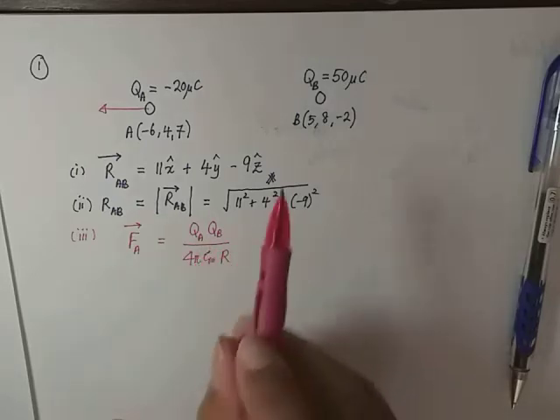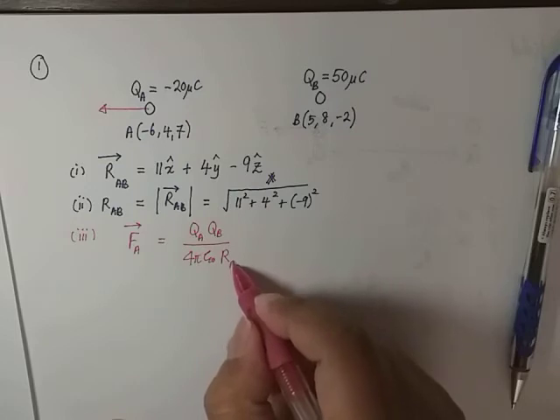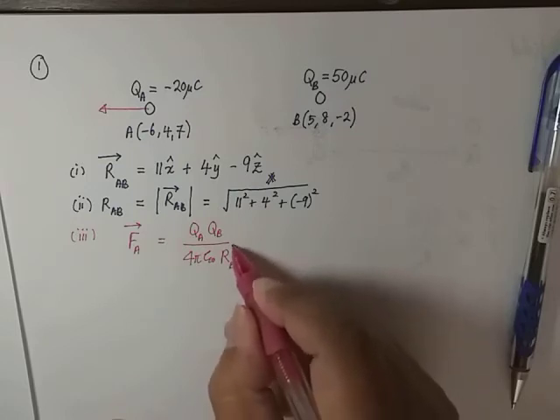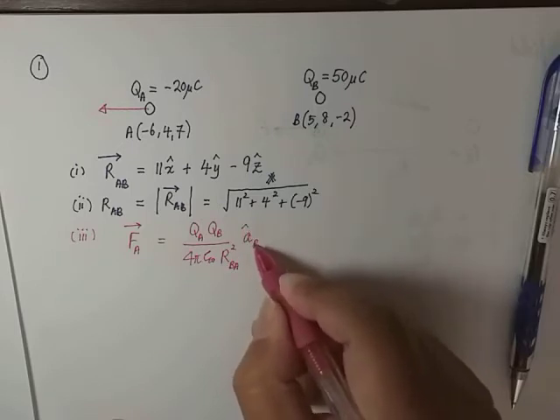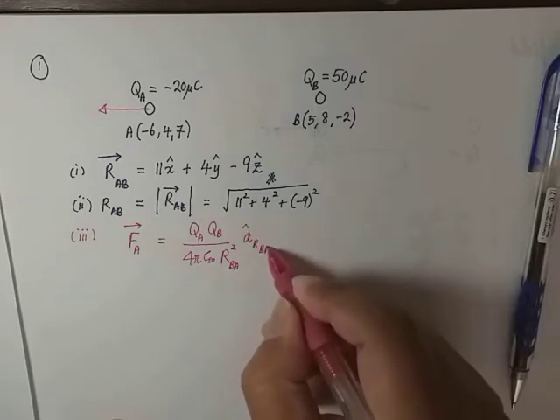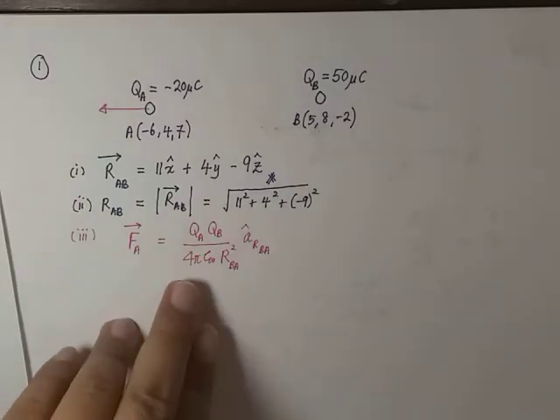Since the vector is from B to A, I'm going to write it as R B to A squared, and then the unit vector R B to A.